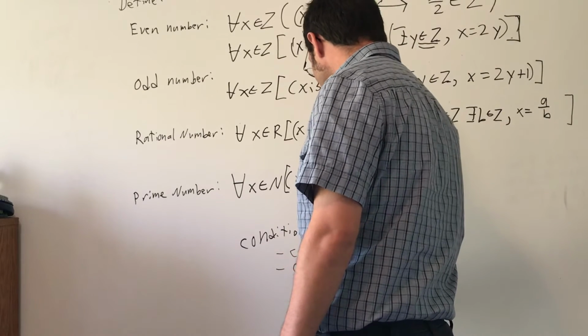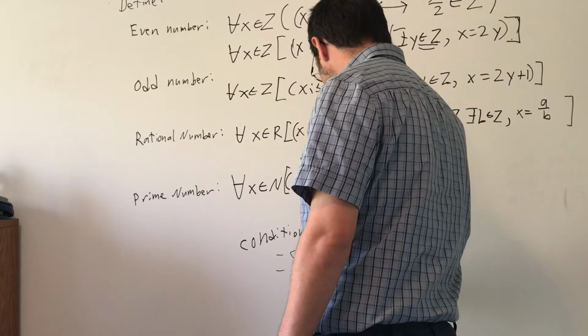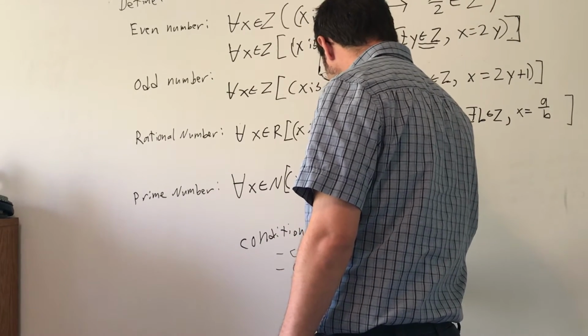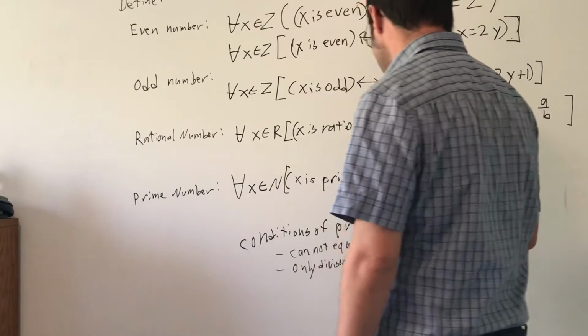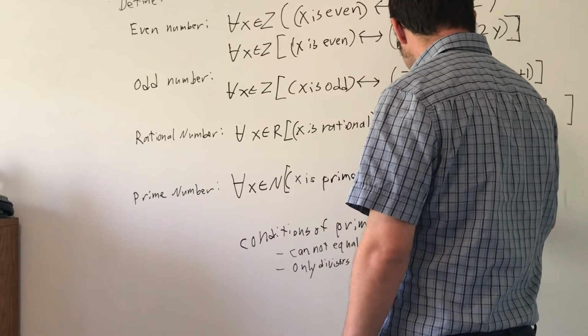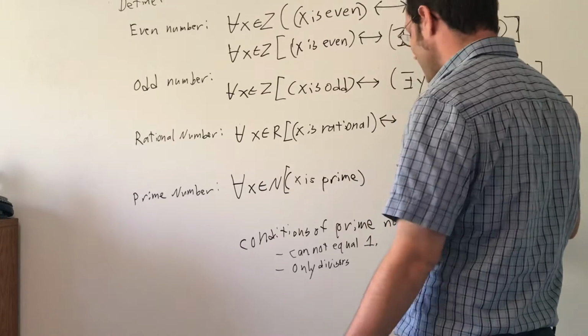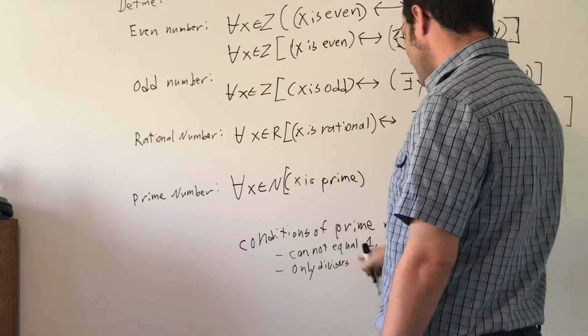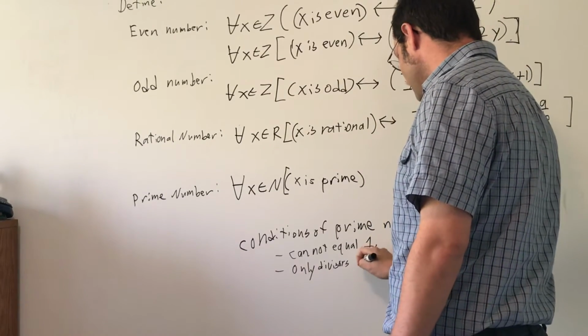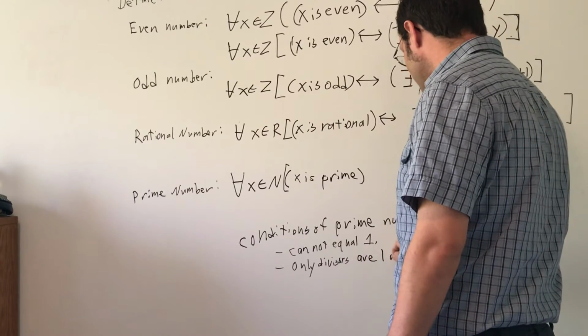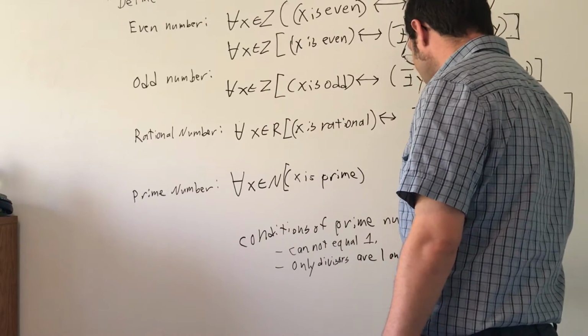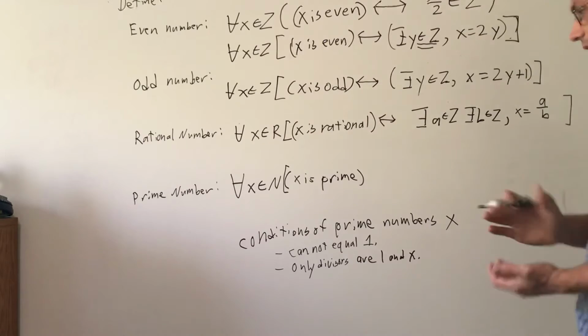And the only divisors, say you have a prime number that's called X, it cannot equal 1, and the only divisors are 1 and X. All right.